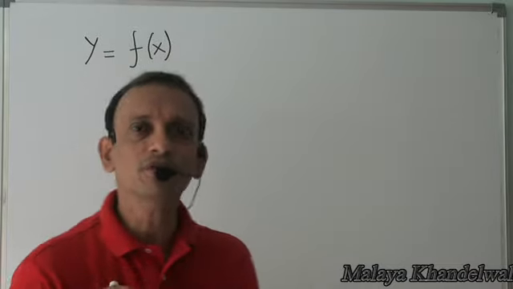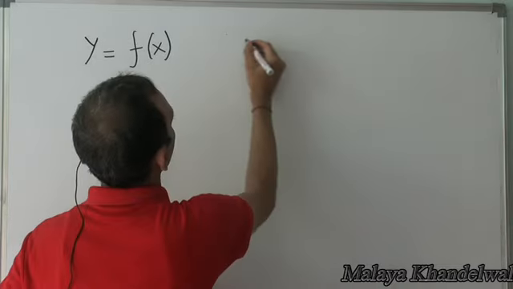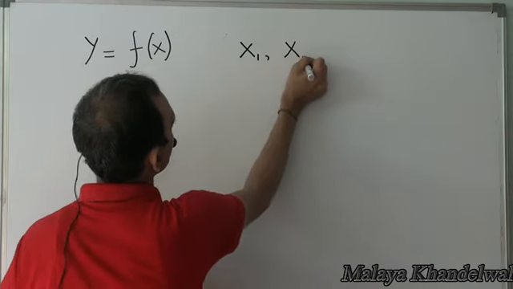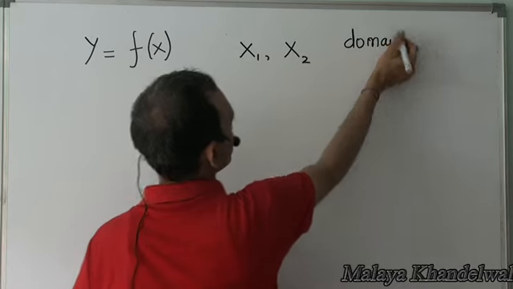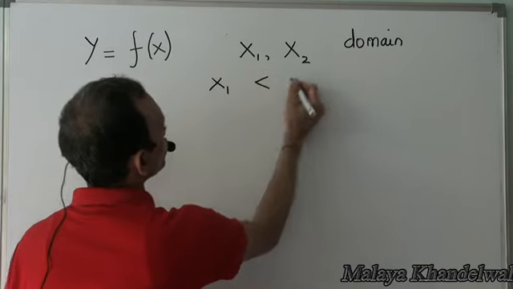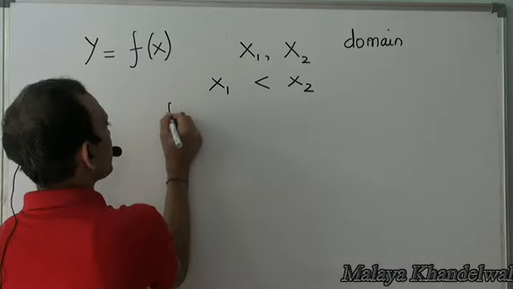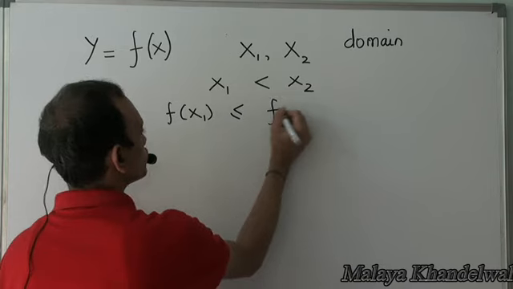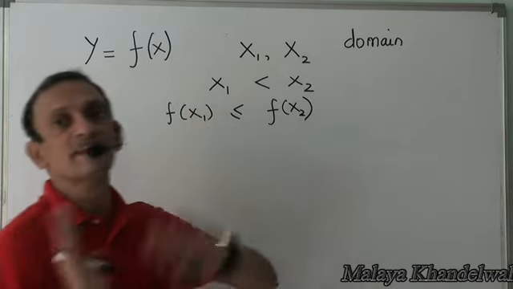Now, in the domain of the function, if I select any 2 points x1 and x2, such that for every x1 less than x2, if f(x1) is less than or equal to f(x2), that means as x increases, f(x) does not decrease.